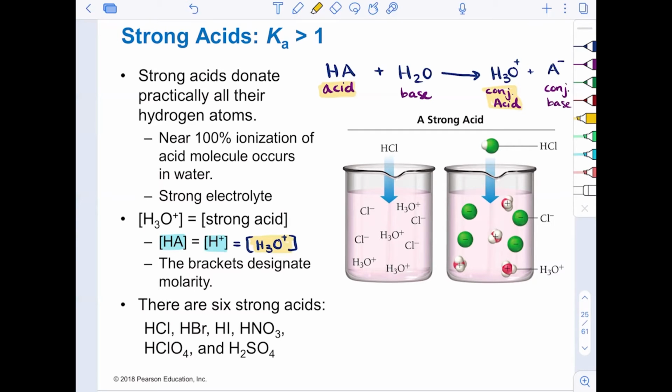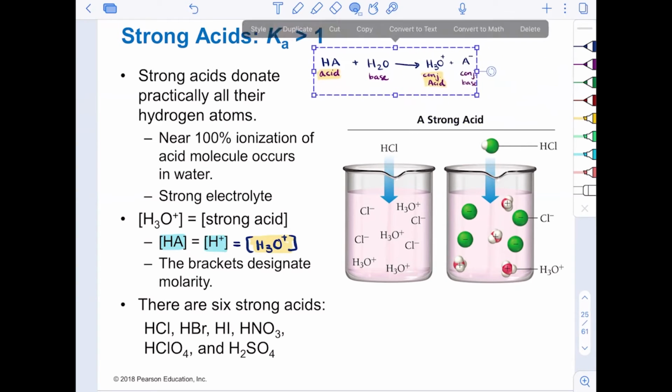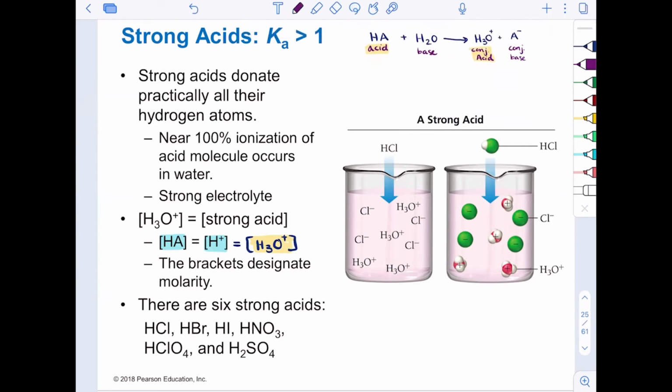The other way we use H plus as well is because we could simplify this equation and say that HA ionizes to H plus and A minus, right? That means the same thing, just assuming water is in the solution.